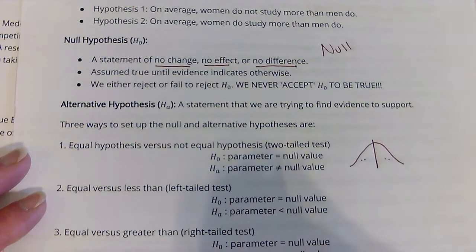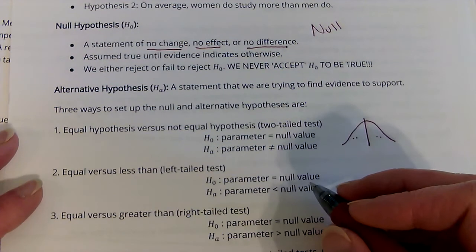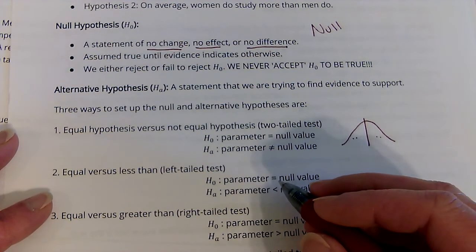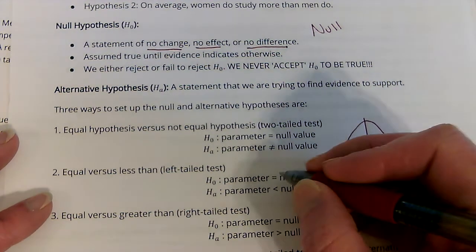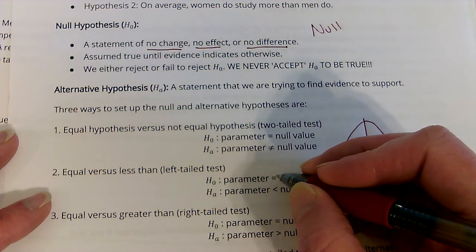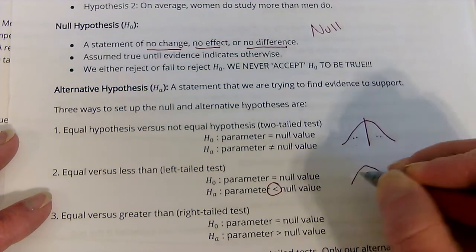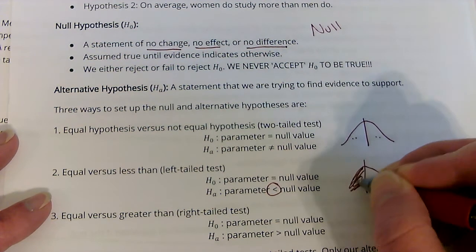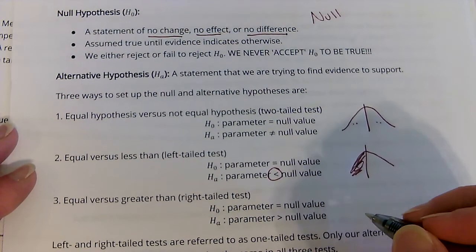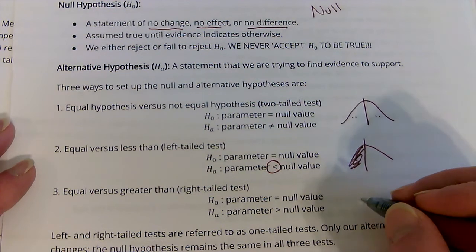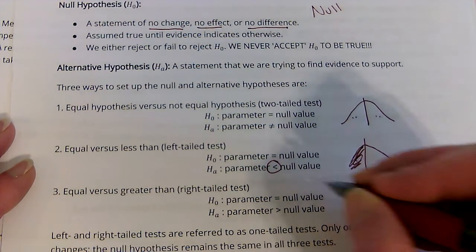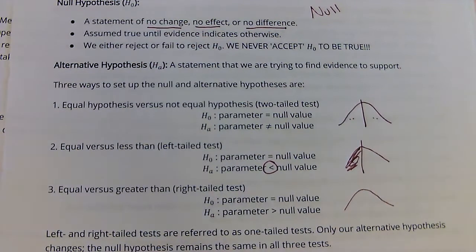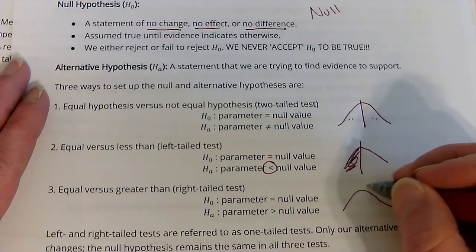It's not. The next one is called a left-tailed test. We're either equal, actually it'd be greater than or equal, or we're less than, which would be left tail. We're either equal or we're greater than, which would be a right tail.